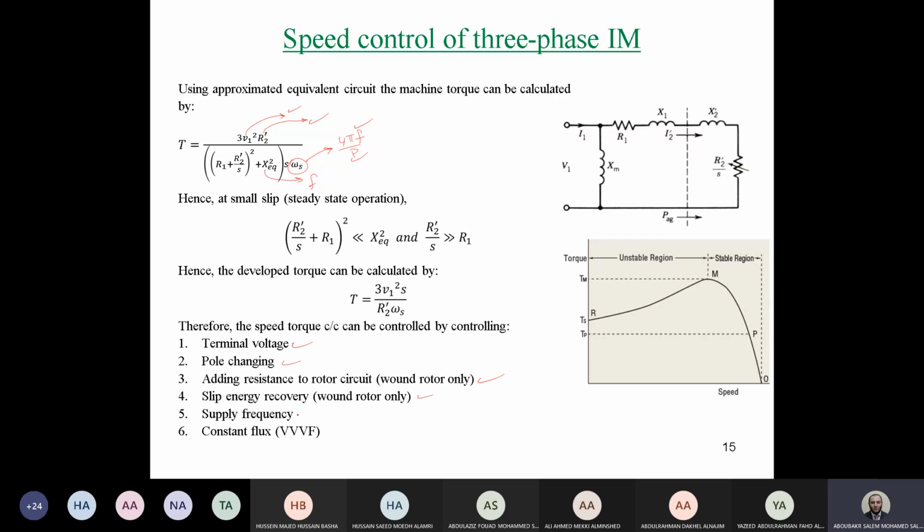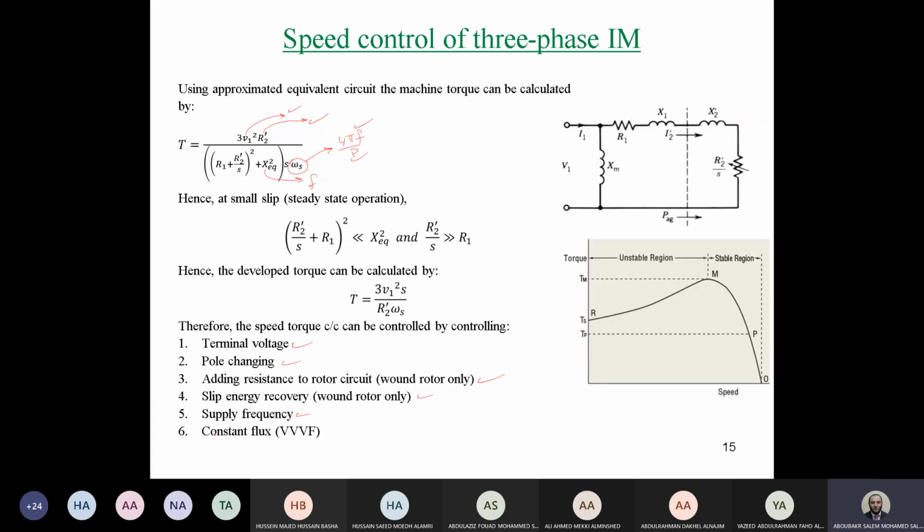Also, supply frequency as we discussed in the parameters here, and an advanced technique mixed between voltage control and frequency control in order to keep the machine working at constant flux. Because when we discuss the voltage control and the frequency control, each technique has its own advantages and drawbacks.